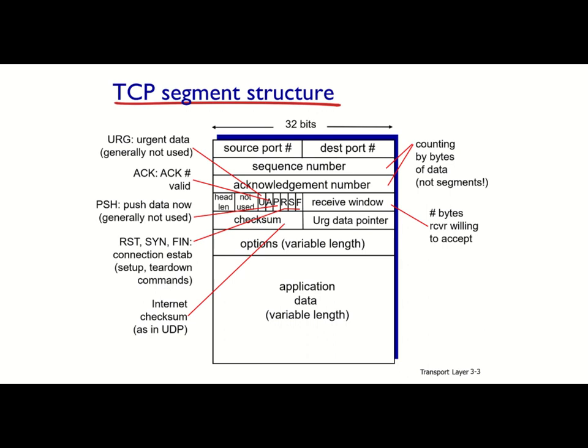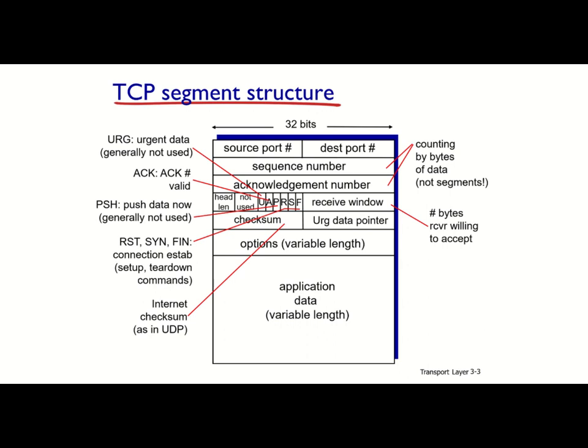Here is an overview of the TCP segment structure. As you see, it is much more complex than what we saw for UDP. We have source port number and destination port number for the purpose of multiplexing and demultiplexing. Also, we have sequence number and acknowledgement number. You have heard of these terms in the previous lecture when we were talking about reliable data transfer, so these are for reliability.